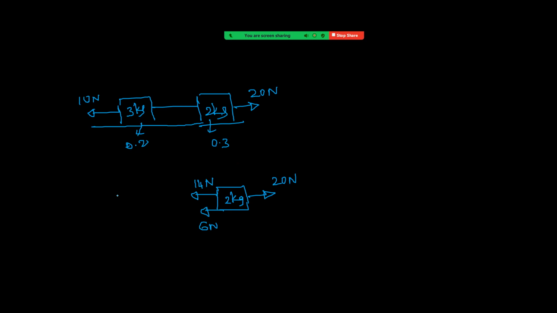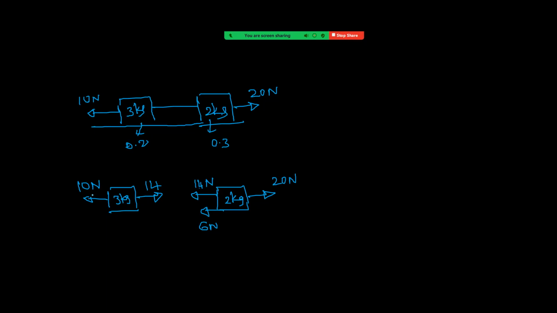Okay. Now come to this side, the 3 kg block. This is tension 14, right? So tension 14. Applied force is 10. Now you can see again the net force on the block is 0. It is now 14 and this is 10.